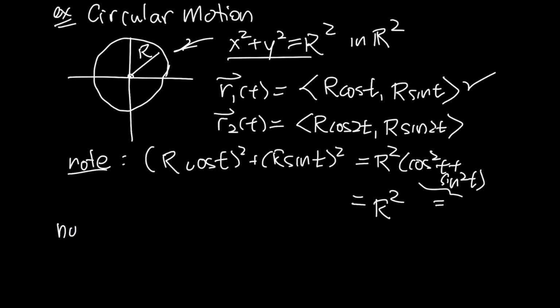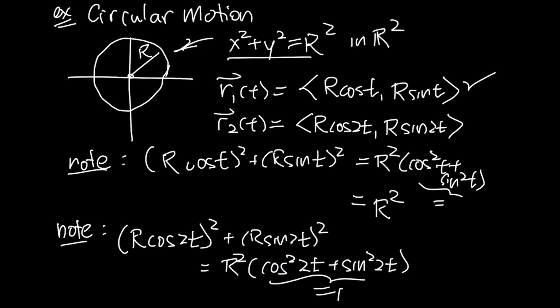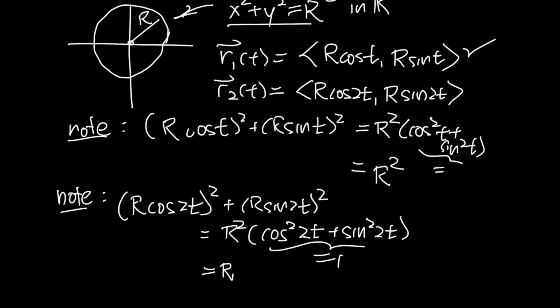For the other parameterization, (r cos 2t) squared plus (r sin 2t) squared, as before, there's going to be an r squared times (cos squared 2t plus sin squared 2t). As long as the period of these functions is the same, that's going to give you a 1. The second parameterization does in fact work for this circle.